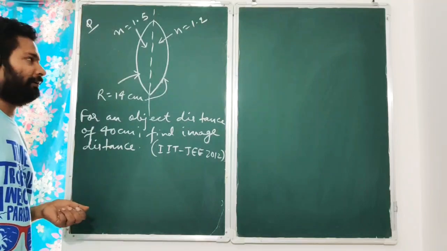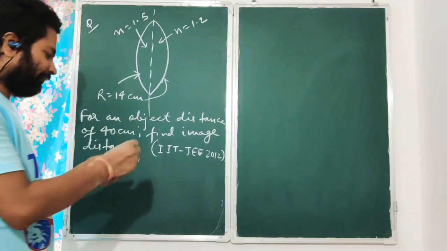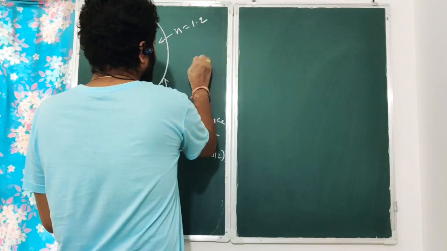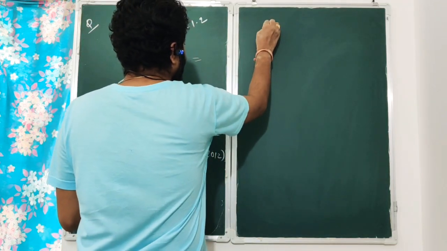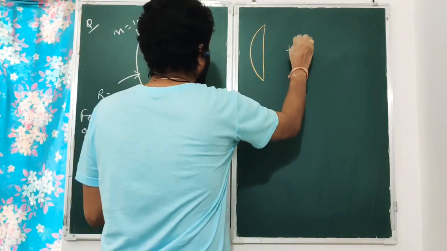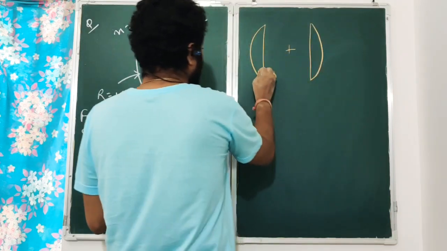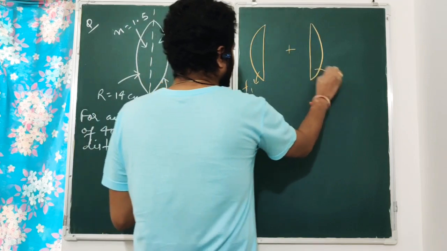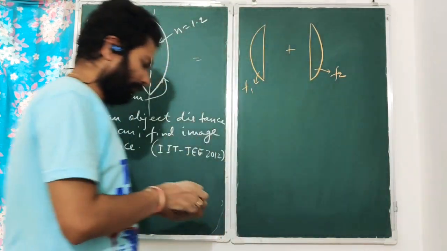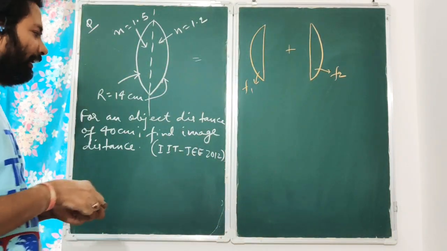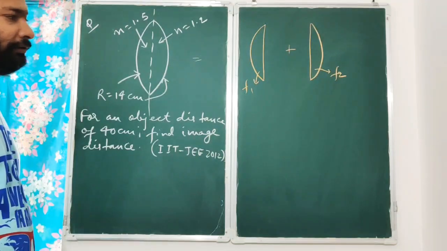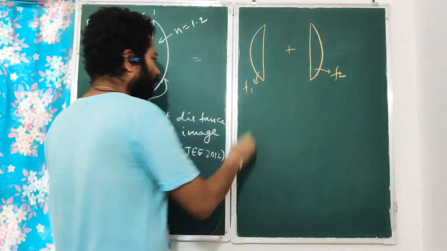Now you can say this is actually made up of two lenses, right? One lens is like this and another lens is here like this. Let us say the focal length of this one is f1 and this one is f2. So how will you determine focal length? You will make use of the lens maker's formula.